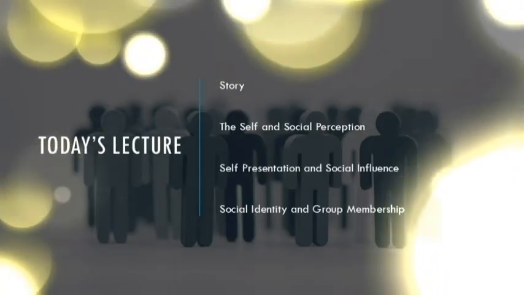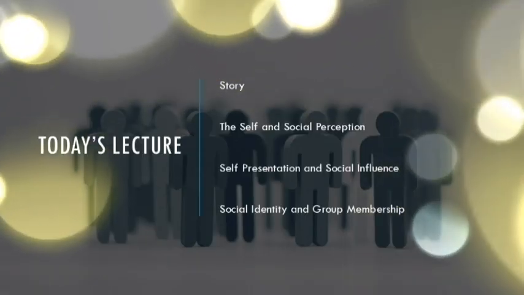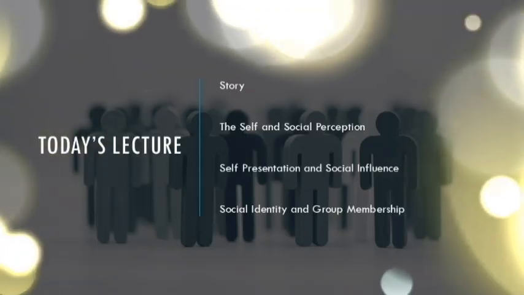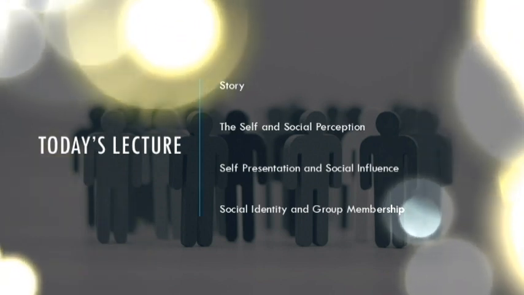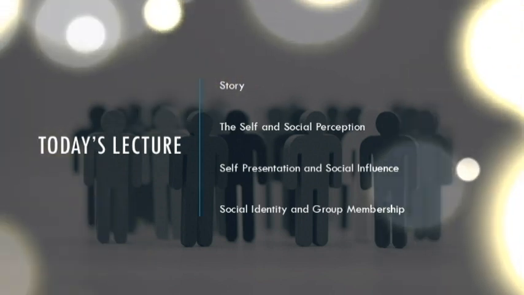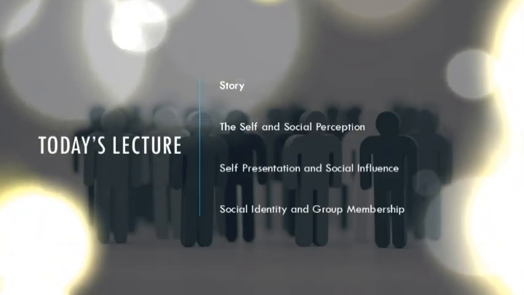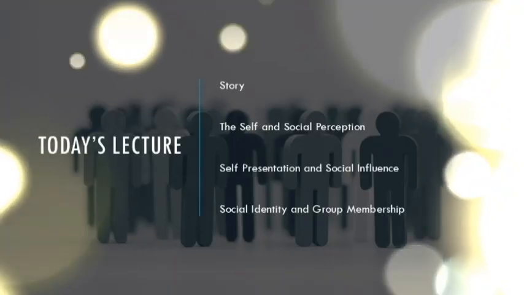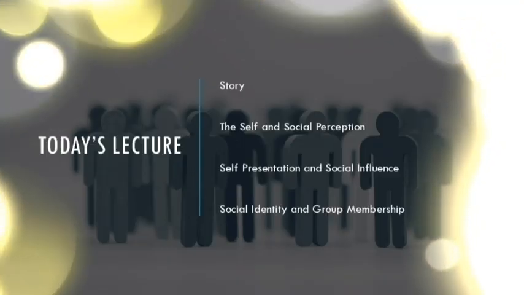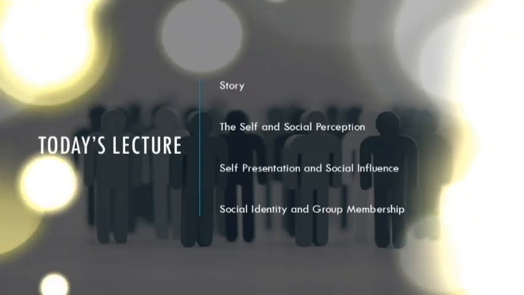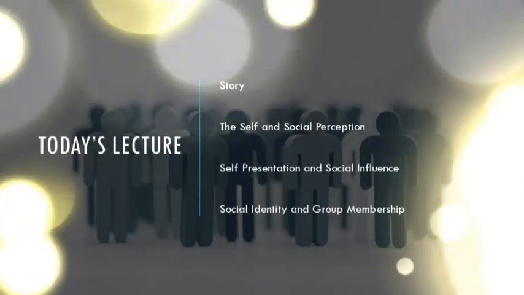Now, I want you to think about how different these two settings are and how you might behave differently in each, and why you behave differently. Why do you behave differently around friends, at home, at school, at work, at social gatherings? And what do those social contexts tell us that give us permission or influence us in ways that help us to behave differently? And then the question becomes, which one of those is the real us?